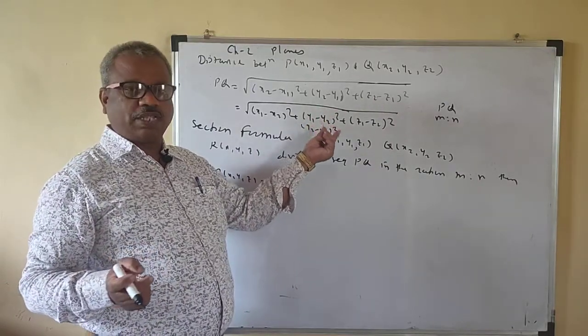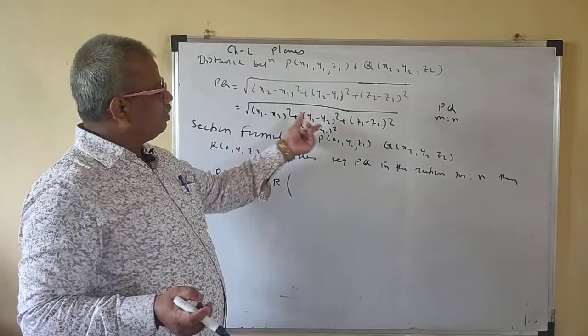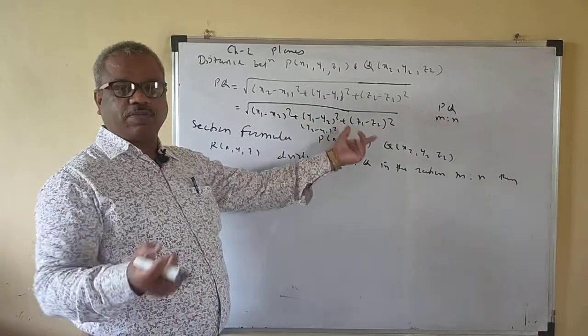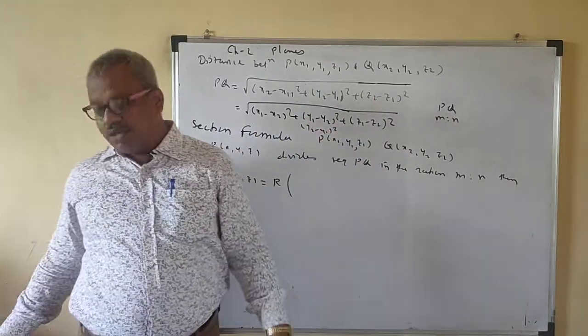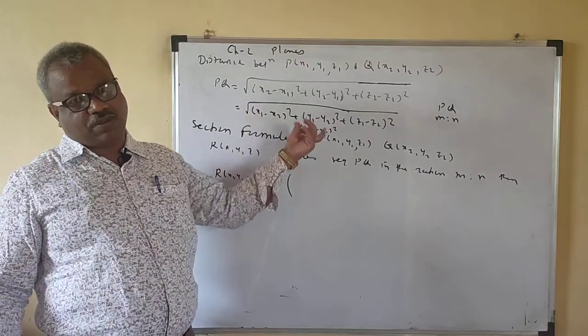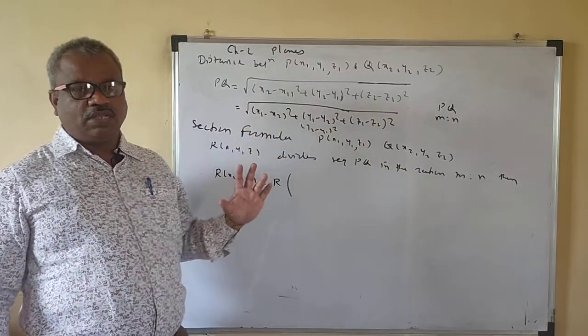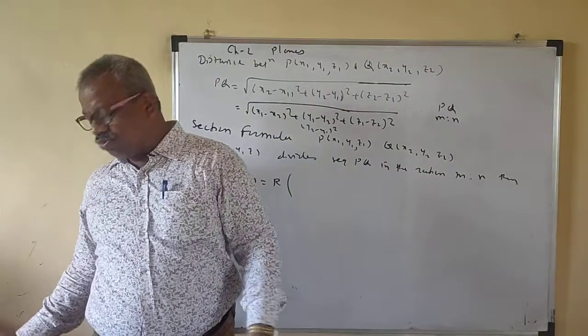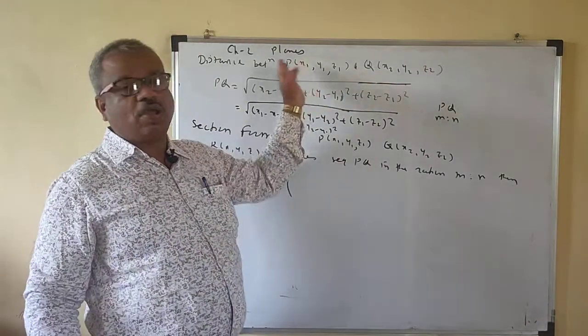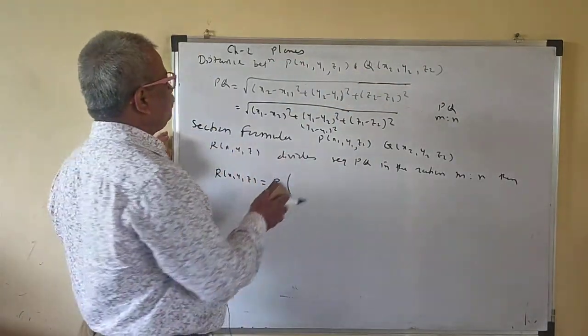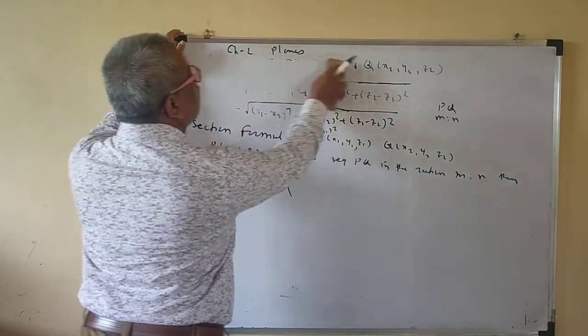But there should be the difference of the x coordinates, the difference of the y coordinates, and the difference of the z coordinates. It is better to just subtract Q from P or P from Q. In this way you can find the distance between the points.